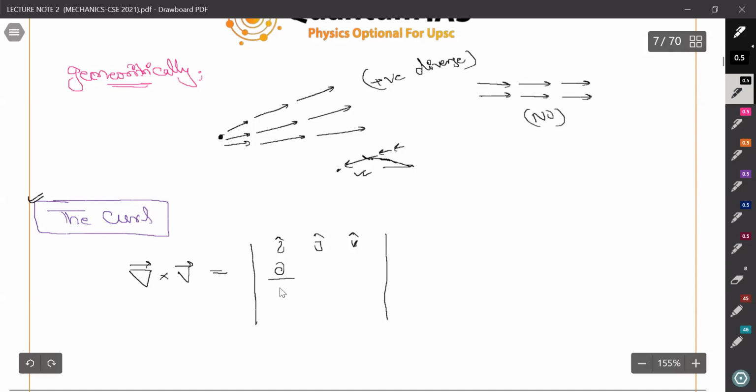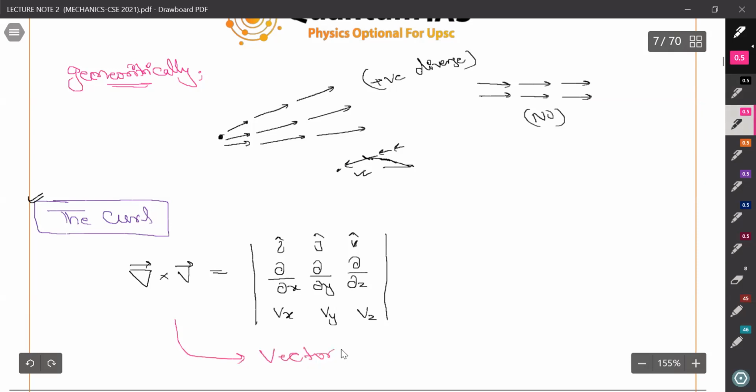So from above we can write del of del x, del of del y, del of del z, and its components vx, vy and vz. You can notice that just like the cross product, it will give us a vector quantity. So that is how we find the curl, and it is a vector quantity. These two things are basically important.